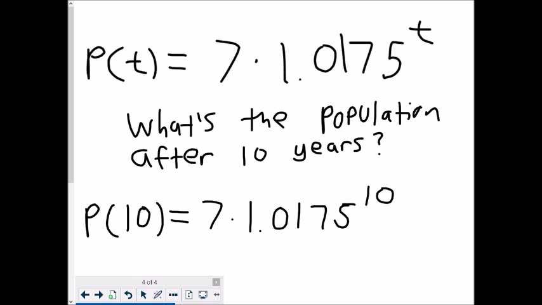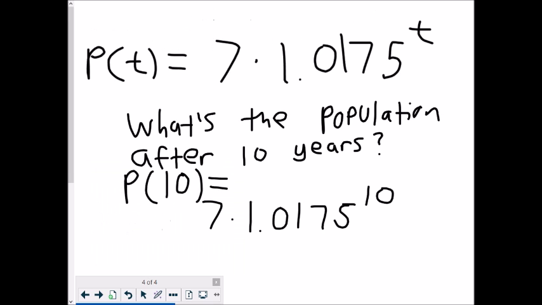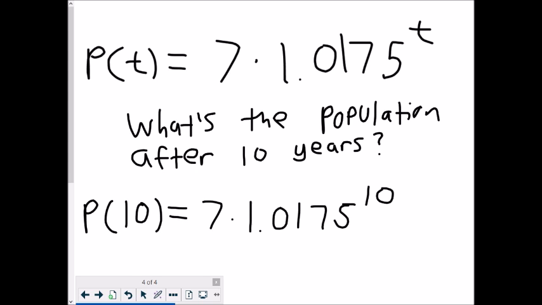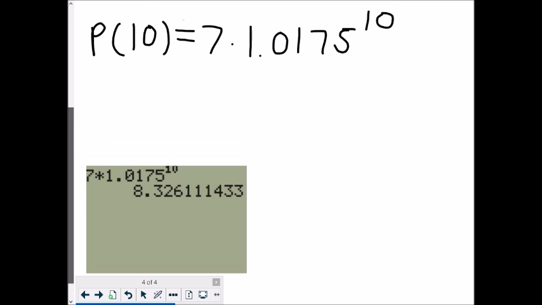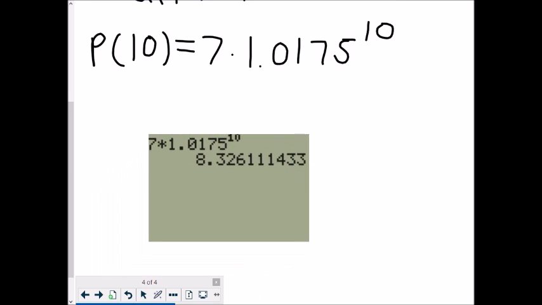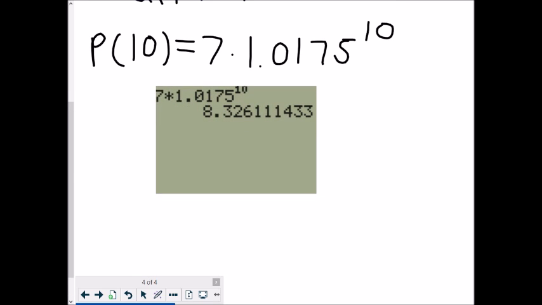So from here, it's calculable. And what you should get when you type it into the calculator is 8.326 million.